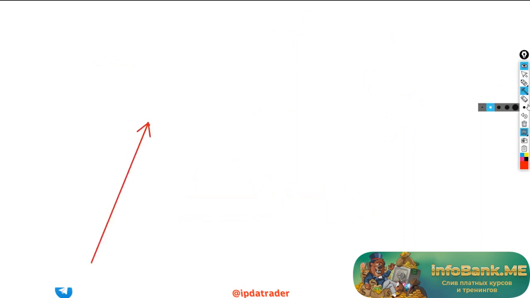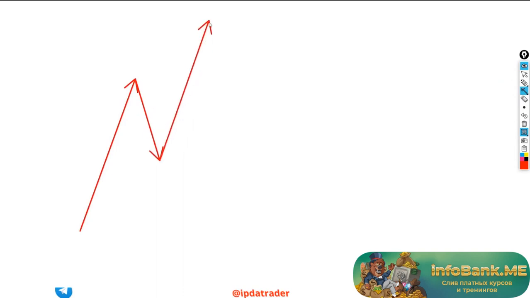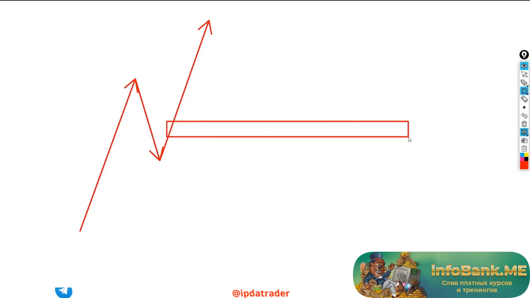So let's imagine you have a bullish structure like this, and you're waiting for your POI right below the 61%. Any POI inside the region would be valid, and price comes back down.